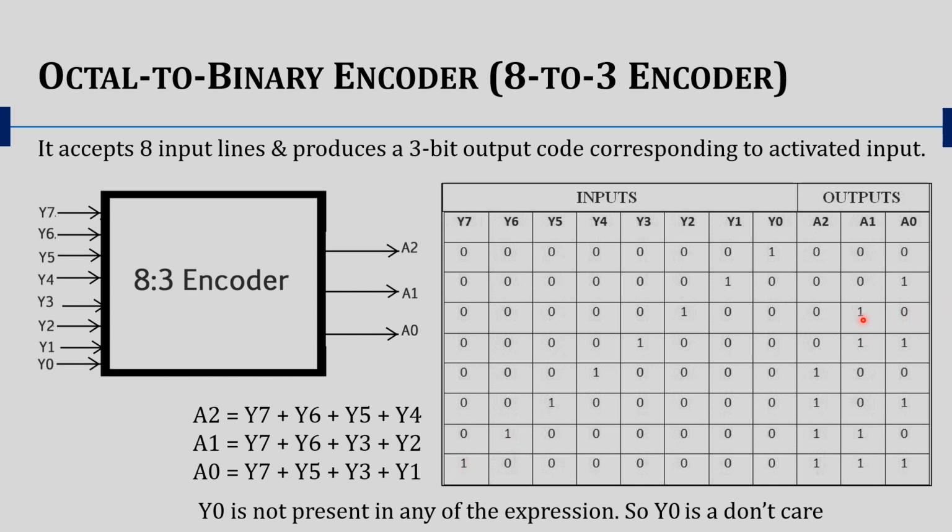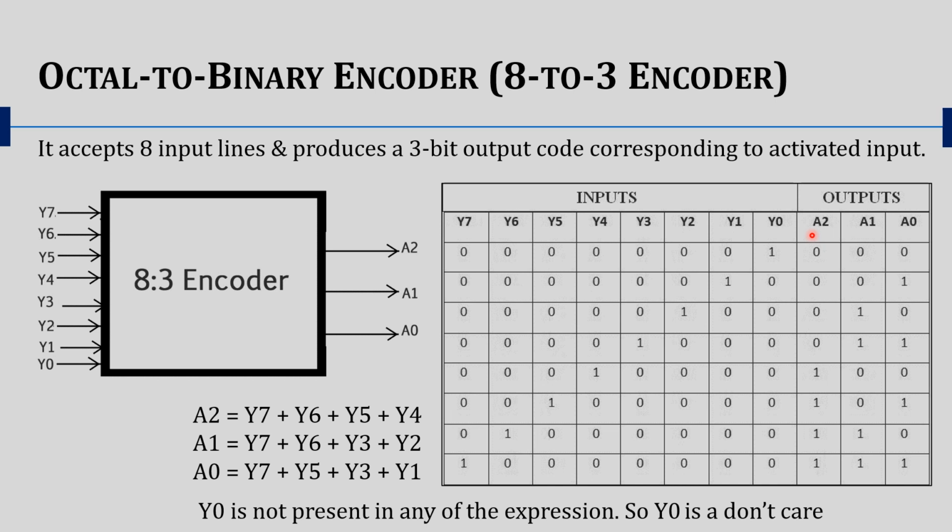Similarly, A1 is equal to Y2 plus Y3 plus Y6 plus Y7. Similarly, A2 is equal to Y4 plus Y5 plus Y6 plus Y7. So now we know the Boolean expression for all the output lines A0, A1 and A2.